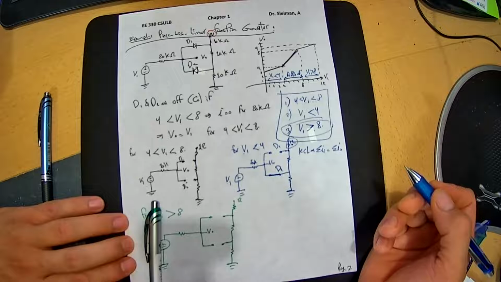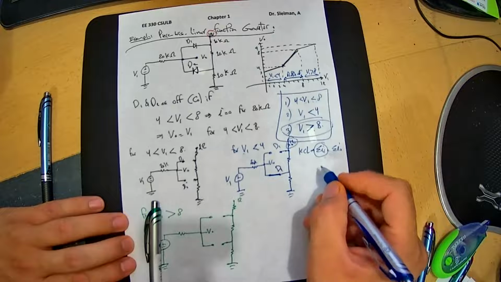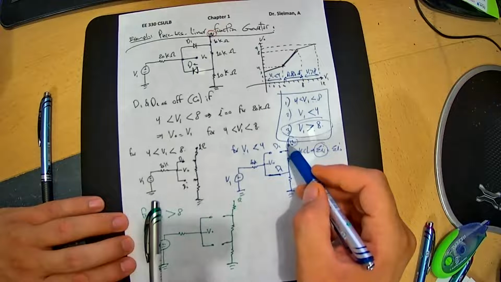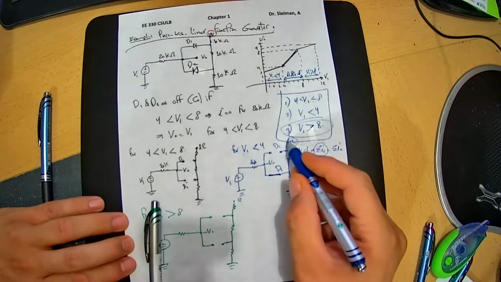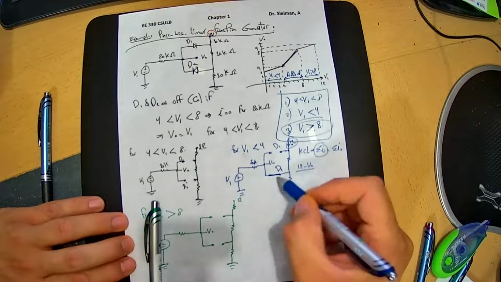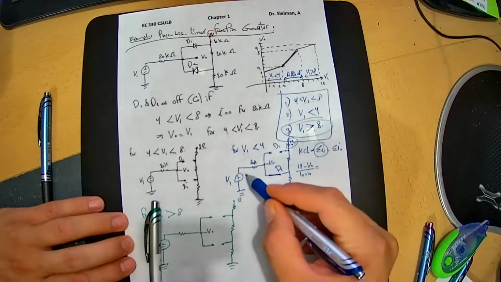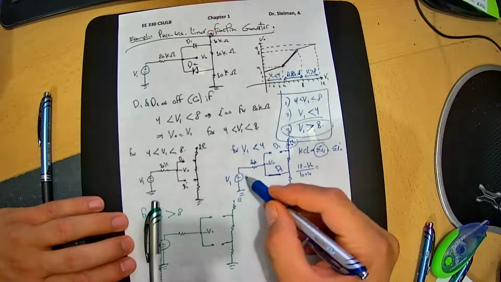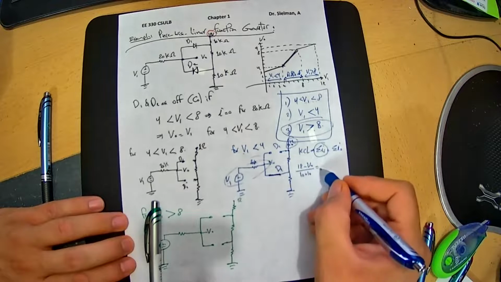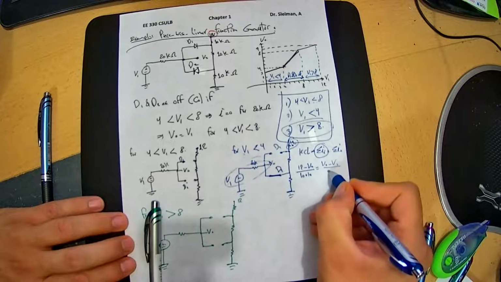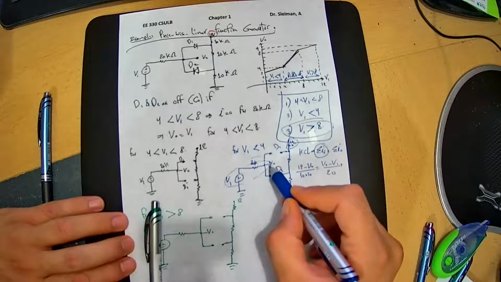So most likely the current on the input side is 12 minus V0 divided by 10 plus 10 plus 10K, is equal to, between V0 and V1, so we have 20 in between, V0 minus V1 divided by 20 plus V0 divided by 10.